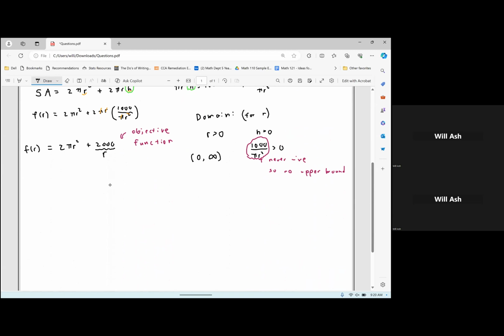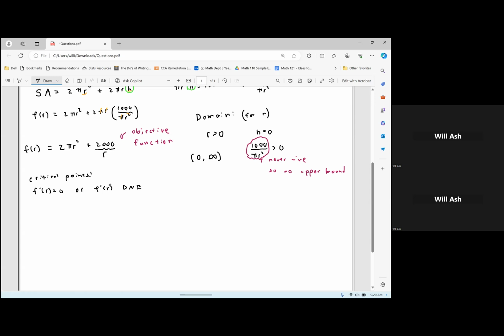And I guess at critical values, we're looking for either f prime of r is equal to 0 or f prime of r does not exist. Either way, we got to take the derivative.